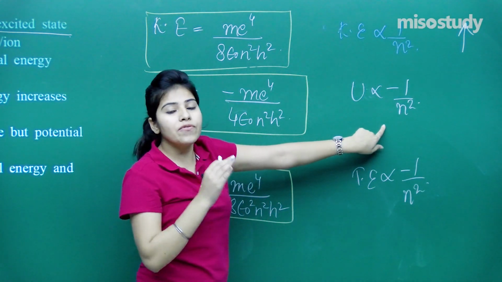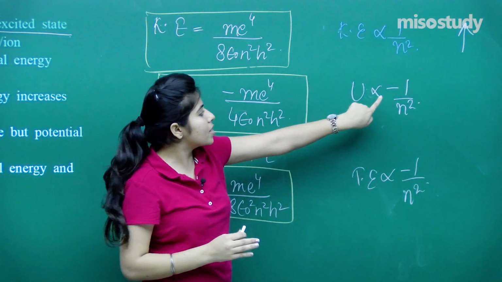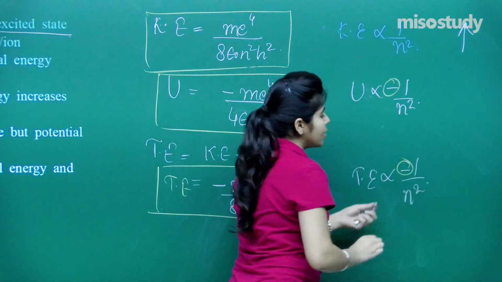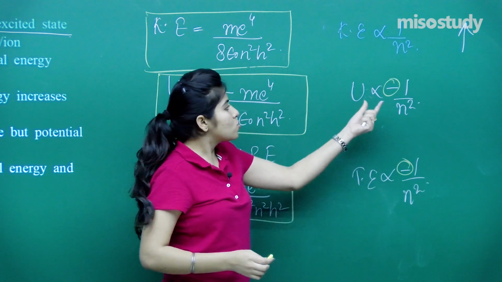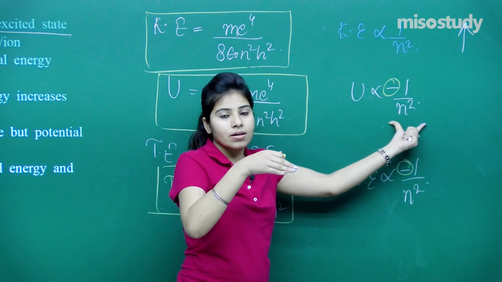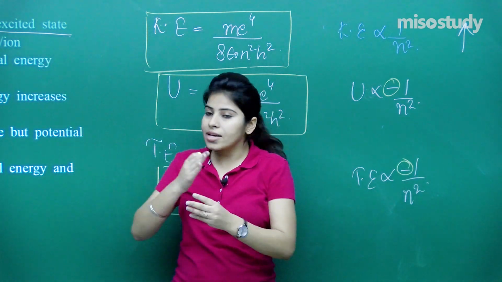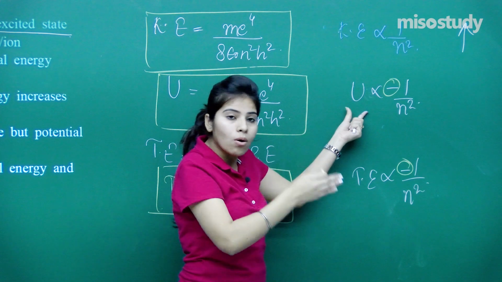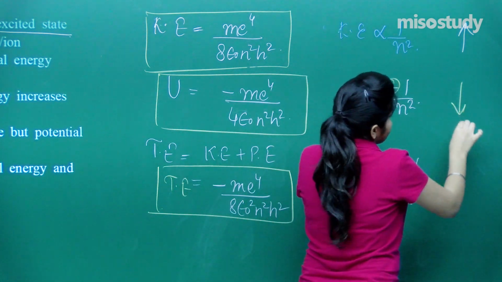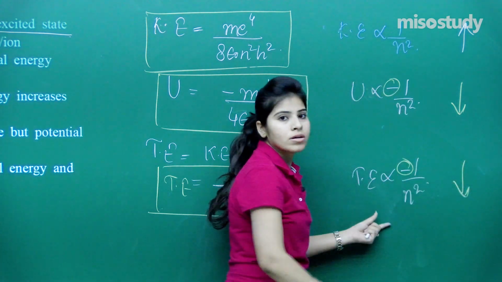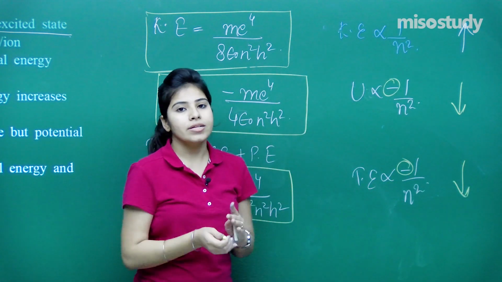Here, you can see one minus sign is there and similarly one minus sign is there. So if n is decreasing, excited to ground, potential energy should be decreasing. Similarly here, again your total energy will be decreasing.